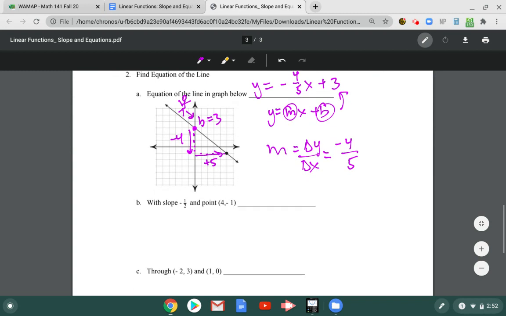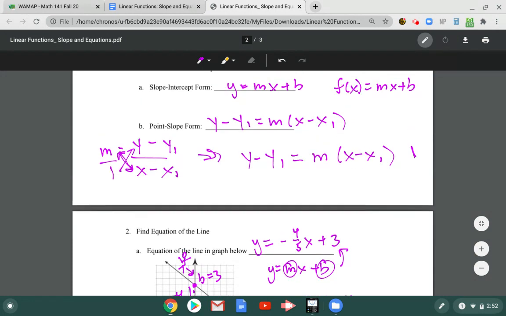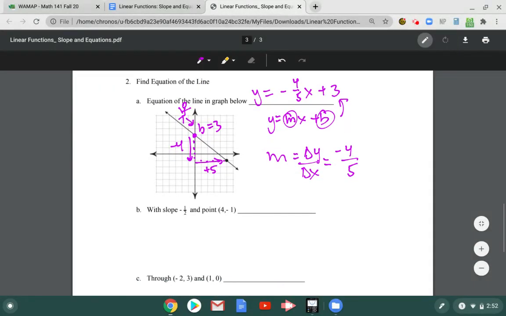The next one, we're given a slope and a point. So the easiest form to use for that is, you probably guessed it, the point slope form. So I'm going to go ahead and use the point slope form, and I'm going to plug in my information. First of all, my point slope form is y minus y1 equals m times (x minus x1). This point here is x1 comma y1.